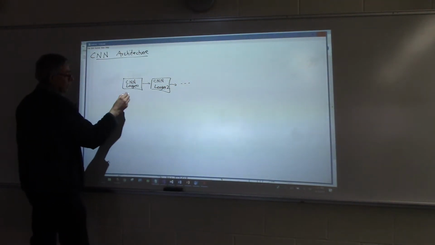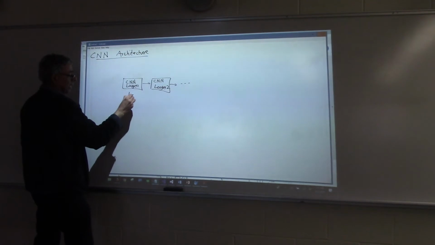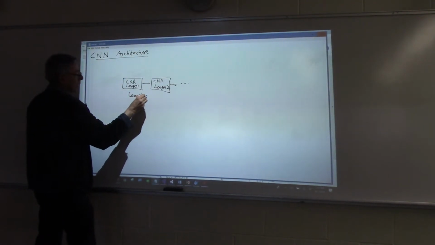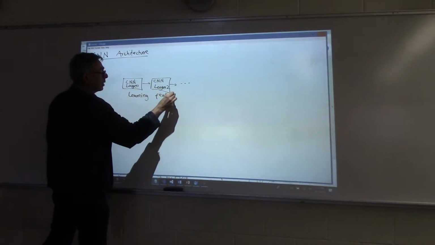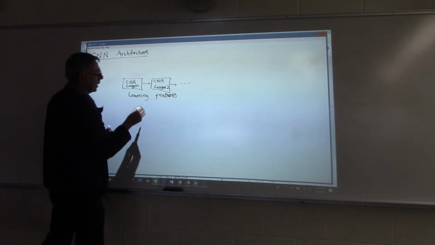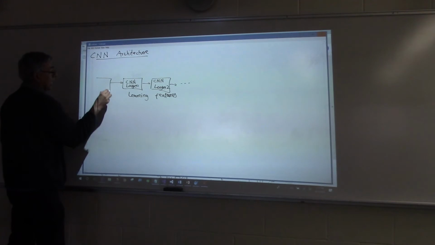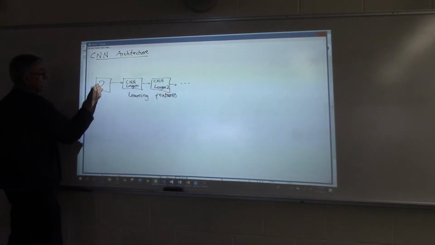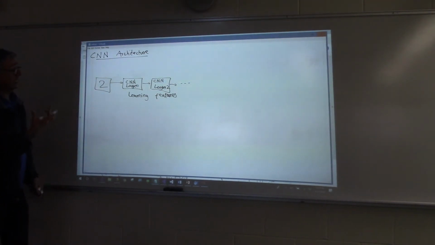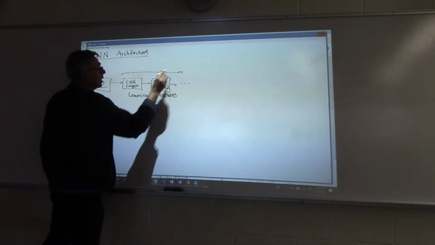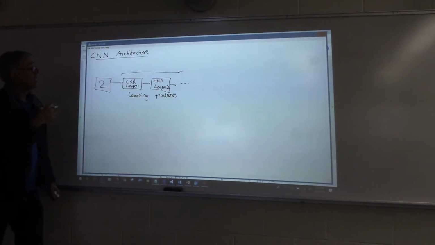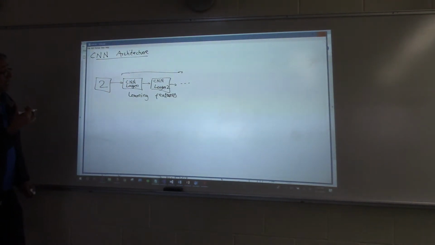Essentially what we are doing is learning what we call features. Features are basically important characteristics of the data. Regardless of whether the data is an image or text, it doesn't matter. We can still use CNNs to learn what is important in the input data, right?